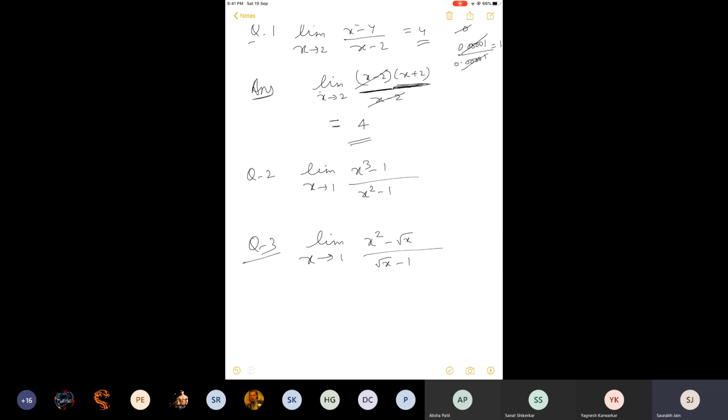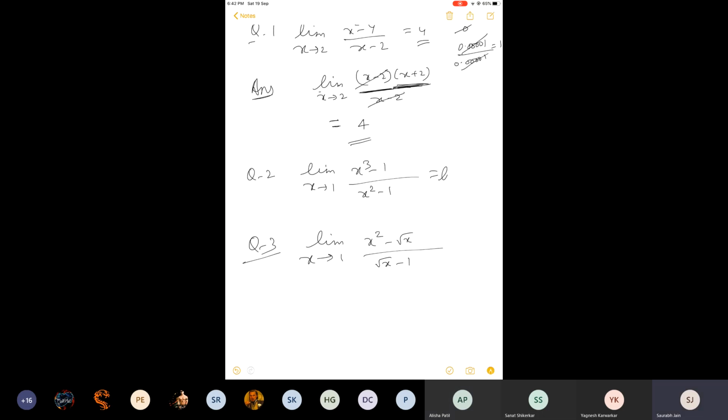Yes, answer of the second question. Anyone solved the second one? So 3 by 2.